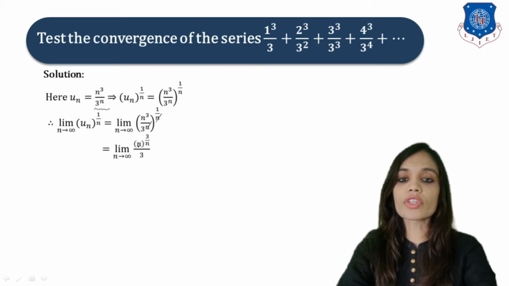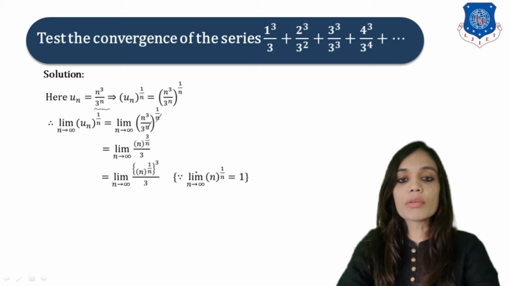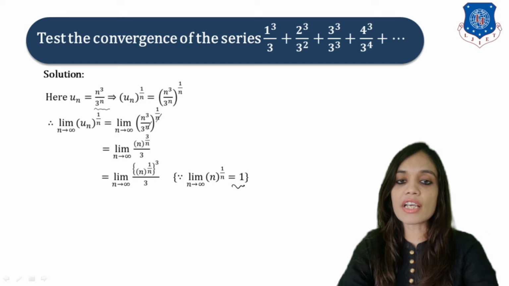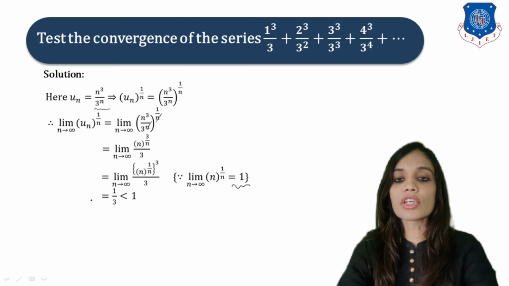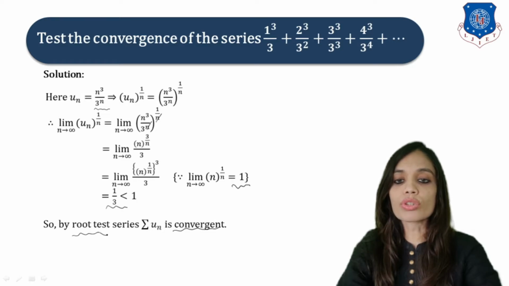Limit n tends to infinity n raised to 3 by n upon 3. Next, we know the answer of the limit n tends to infinity n raised to 1 upon n, which gives us answer 1. So finally you will get the answer of the limit n tends to infinity un raised to 1 upon n as 1 upon 3, which is less than 1. Therefore, our series is convergent by root test.